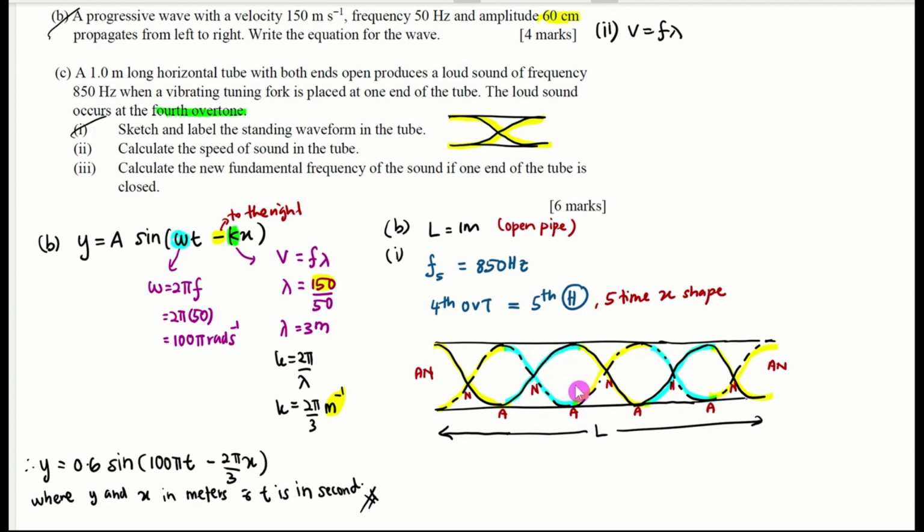Okay, so 1 lambda and then we have 2 lambda, which is 2.5 lambda. Where 2.5 lambda, we can write L is equal to, kalau 2.5 berapa? 5 lah. 5 over 2 lambda. Okay, so 5 lambda over 2.